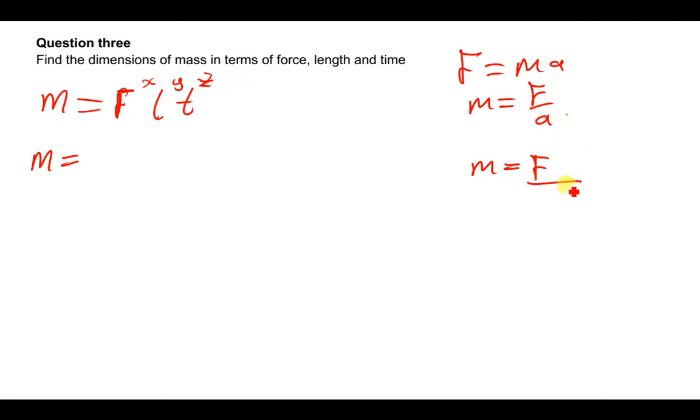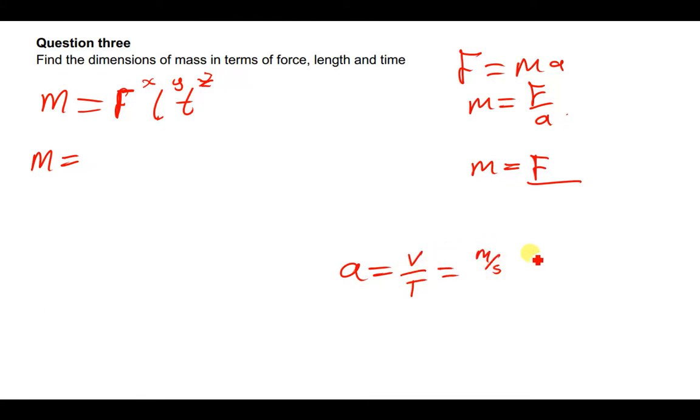The dimensions for acceleration, you derive them from this expression, which is a is equal to the velocity over the time. Then the dimensions for velocity is length per second.